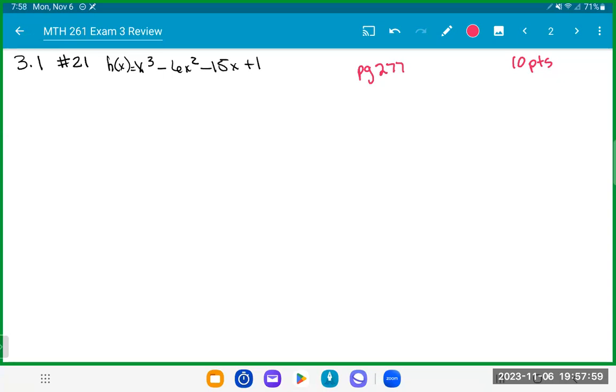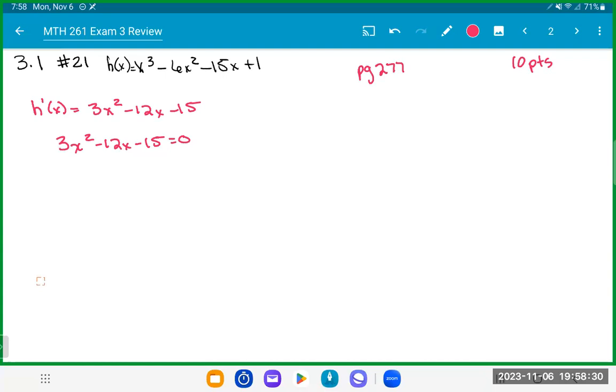Okay. So for this one, the first thing you want to do is take the derivative. So our h prime of x is going to be 3x squared minus 12x minus 15. Our derivative exists for all numbers in the domain, so we can set that equal to 0. So 3x squared minus 12x minus 15 equals 0.